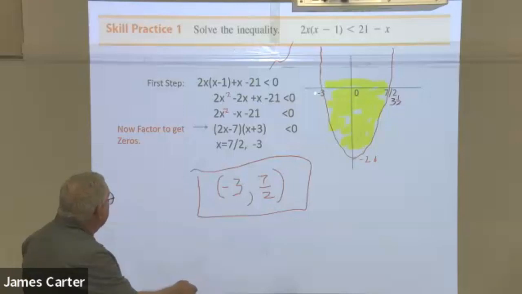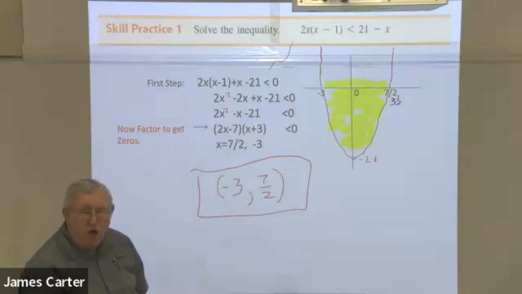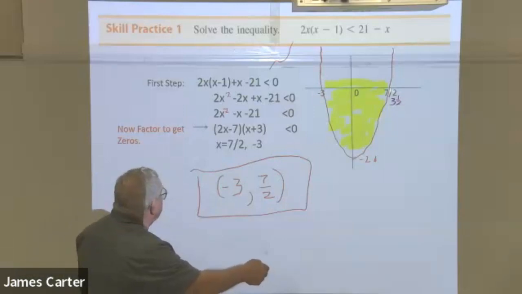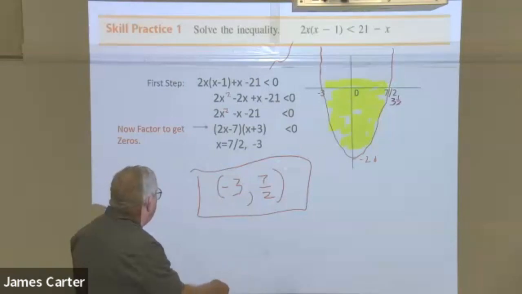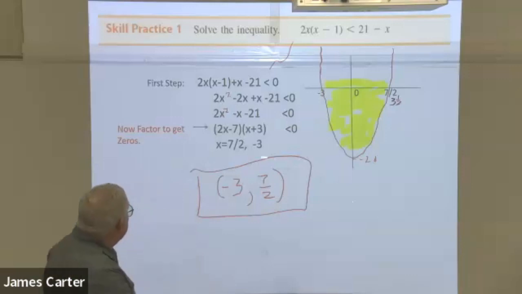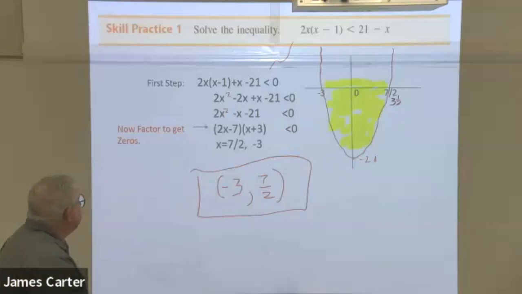So I go from here, -3, non-included, because the -3 is on the axis, all the way over to 7/2, which is also on the axis, so I do not include it. So this would be your interval notation answer. That would be your graph answer. Except that yellow shouldn't be above the line. Well, after I did it accidentally, it was too late to erase it.